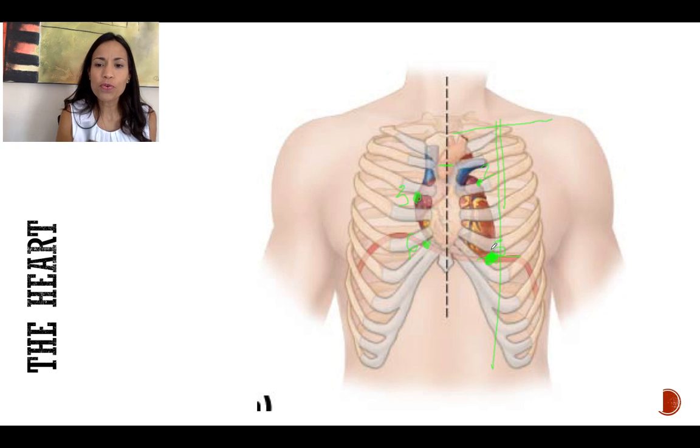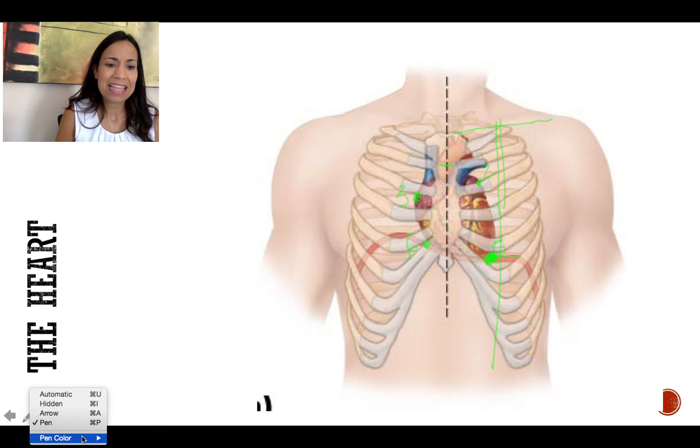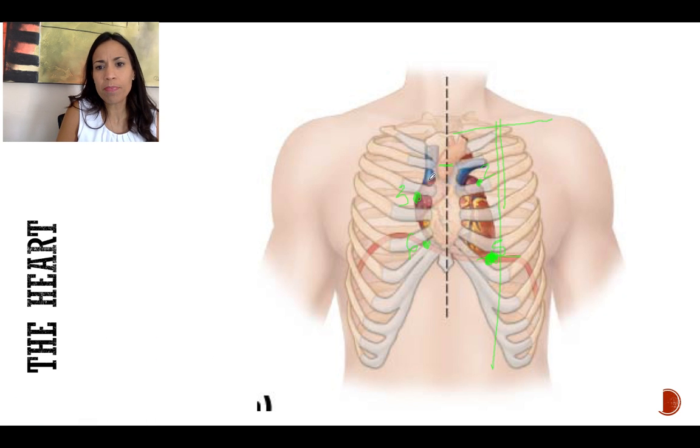In there, you can feel your heart beating, and that is called the apex of the heart, because the heart has a cone shape, as you can see. So the base is pointing superiorly, and the apex, or the tip of the heart, points inferiorly, anteriorly, and to the left.